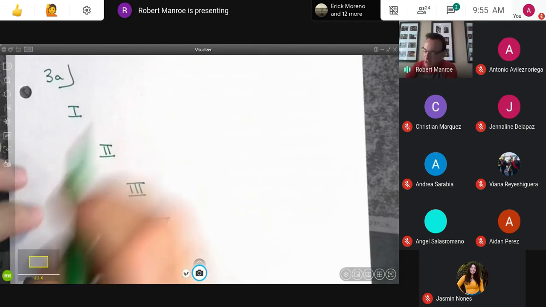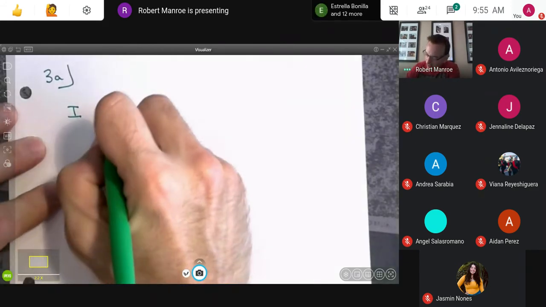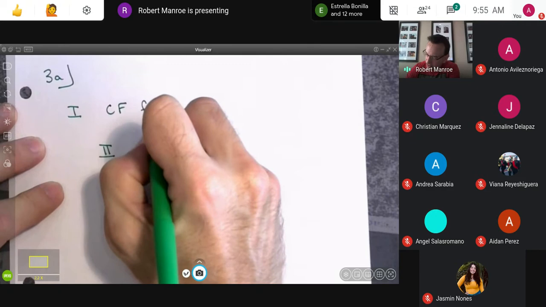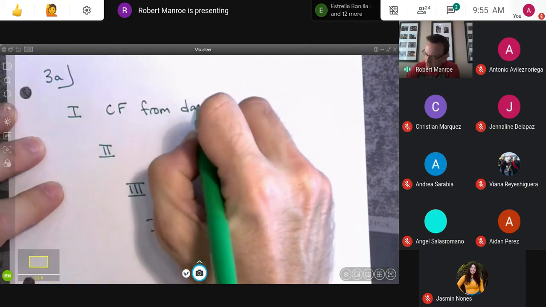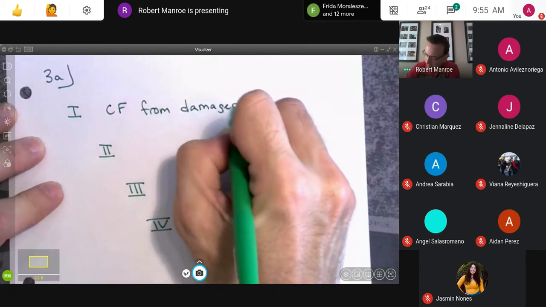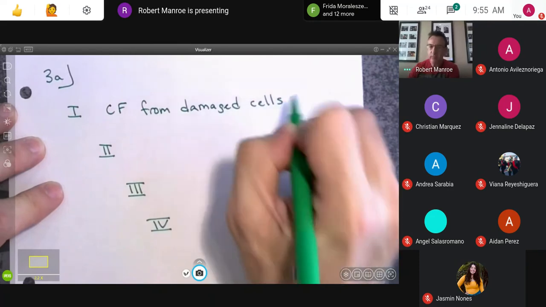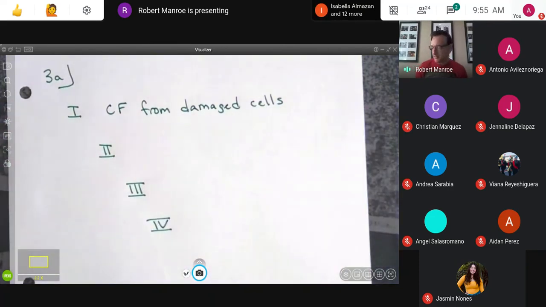All right, so what gets released first? The clotting factors from damaged cells. Trauma causes cell death, and they release the clotting factors that usually sit in their cytoplasm. Now, if some of the platelets are activated because there's a low concentration of clotting factors, you have a small clot, no big deal.